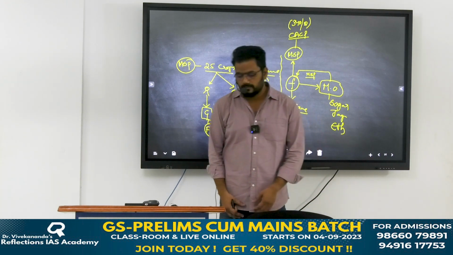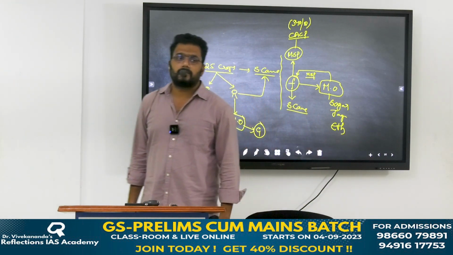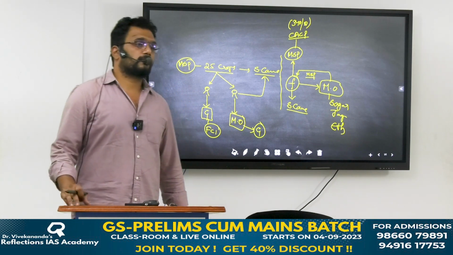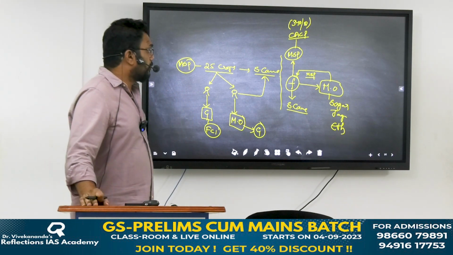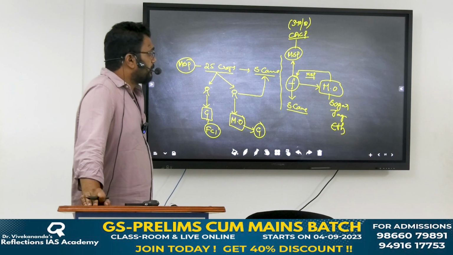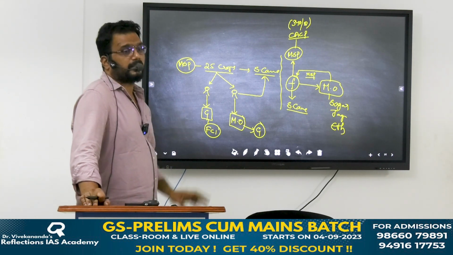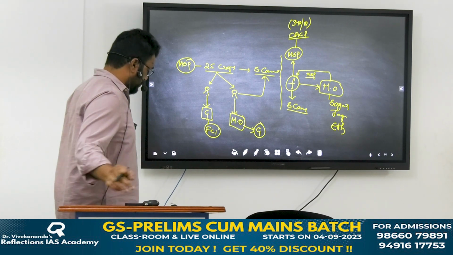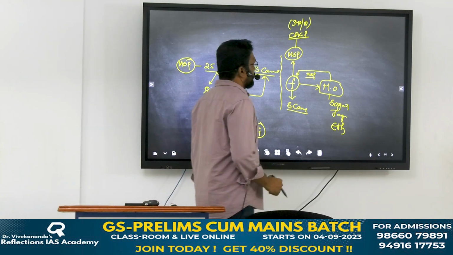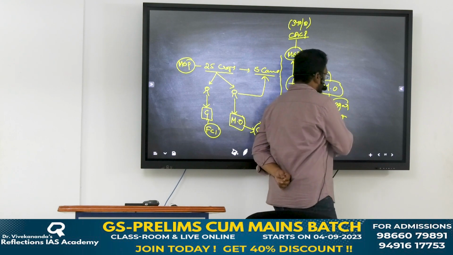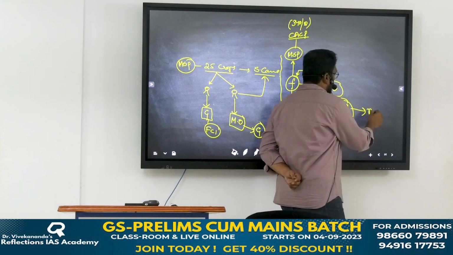Sugar, jaggery and ethanol is the end product which they make. These end products they will sell now in the market.